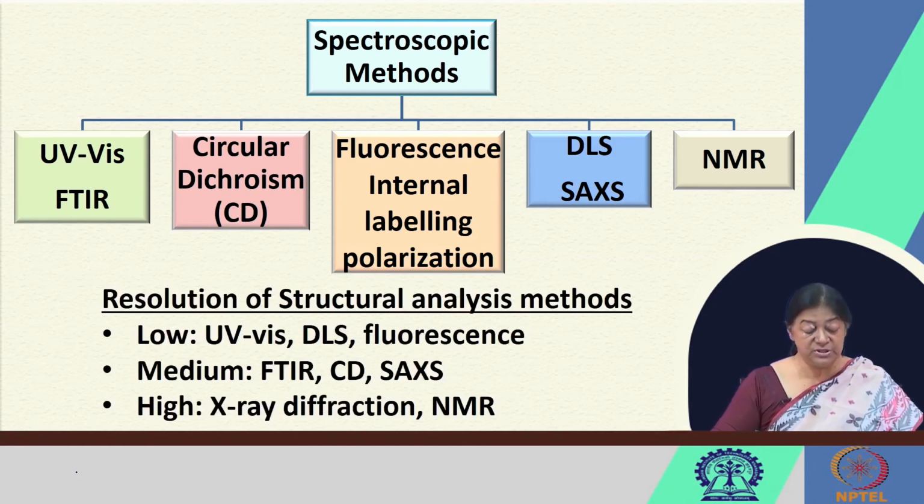If we are looking for low resolution, we can look for UV visible, DLS and fluorescence. We are not talking about sensitivity. Sensitivity is very high for these methodologies, but the resolution of the structure analysis is low here, then medium for FTIR and CD, and very high for X-ray diffraction and NMR, because we are looking at the specific atoms and the specific local environments for the structures.